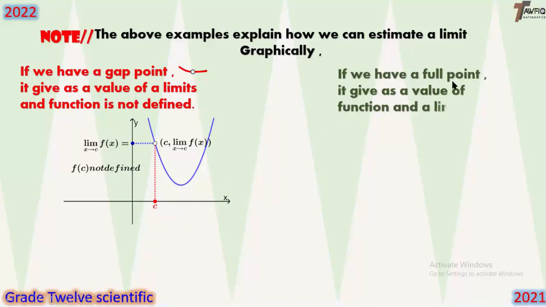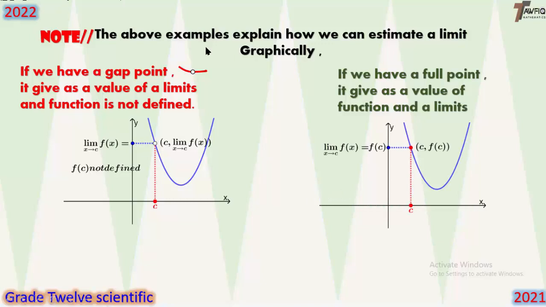If we have a full point, it gives us a value of the function and the limit. Here, this point, when x is c, is (c, f(c)), and the limit is equal to f(c). That means this point gives us the limit and the value of the function.